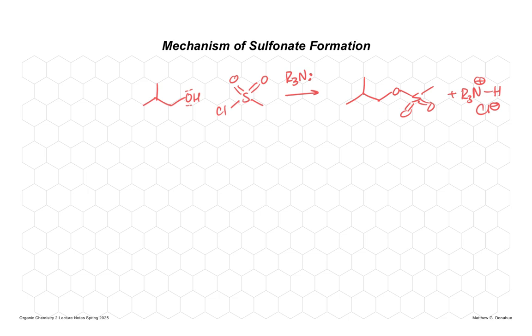So I'll show you the mechanism, but what's happening is, see the H and the Cl. Some books will just call this lasso chemistry, like you're lassoing those out, and then you're forming an O-S bond. So same deal, oxygen attacks sulfur. We break a pi bond first.